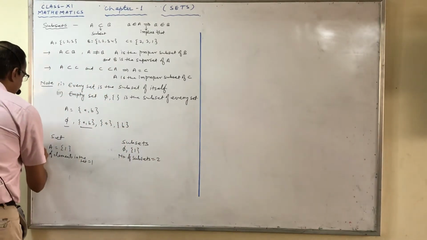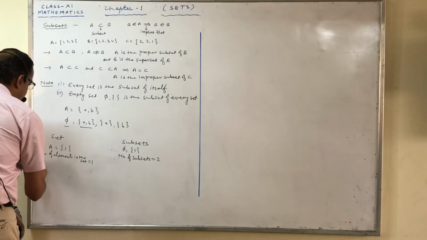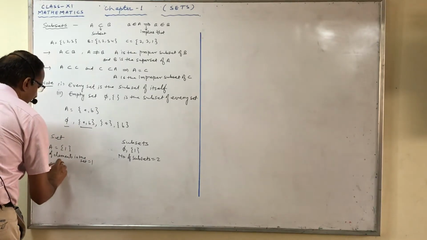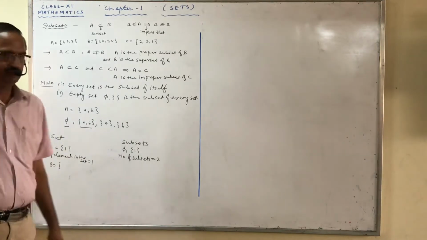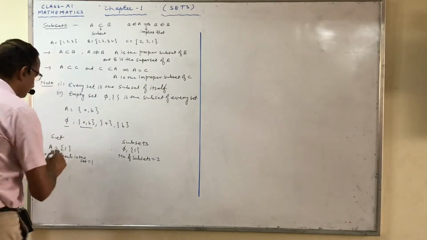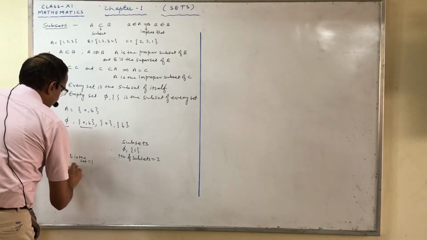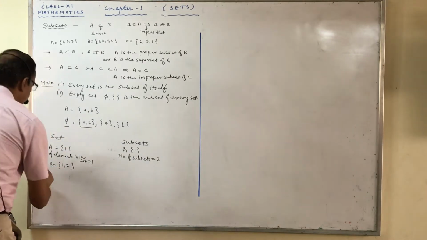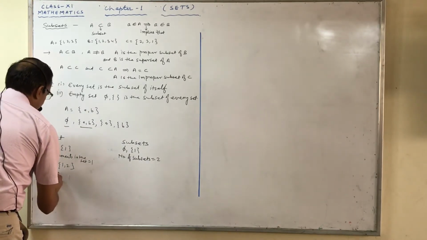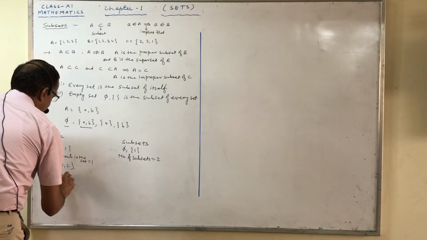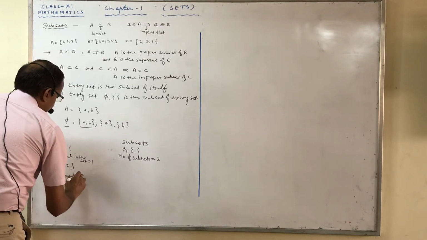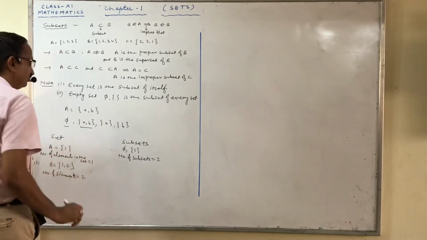This is the first example. Second, if I am taking one more set, it has 2 elements. Number of elements in the set, how many? 2.